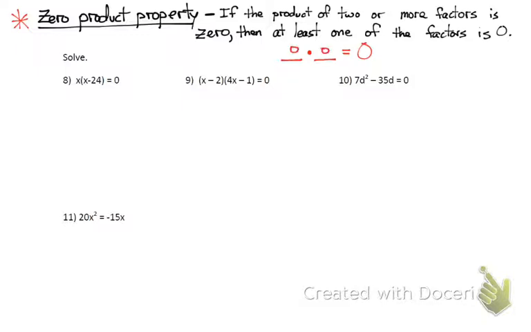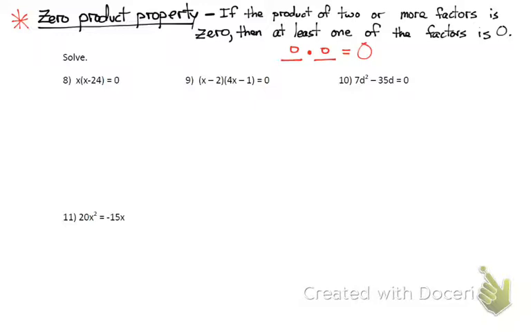Sure, 0 times 0 is 0. So the zero product property is simply telling you that if the answer is 0, you know without a doubt that one of the pieces has to be 0 or all of the pieces can be 0 because that's the only way you're going to get a 0 as an answer.